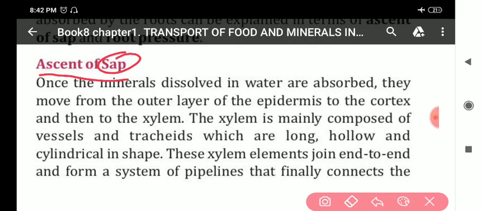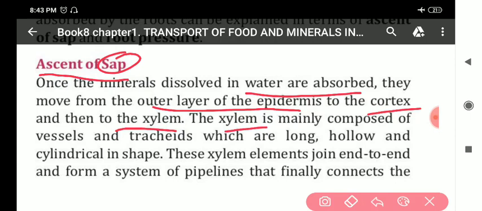I have already explained just now, this ascent of sap is done with the help of xylem vessels. About xylem we have already discussed in the previous video. Once the minerals dissolved in water are absorbed, they move from the outer layer of epidermis to the cortex and then to xylem. These water and minerals finally reach the xylem.